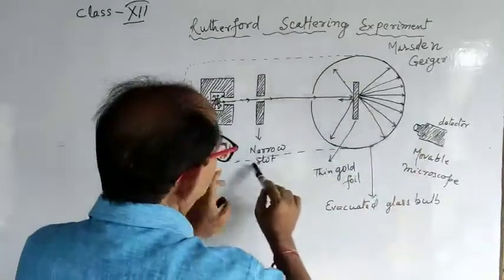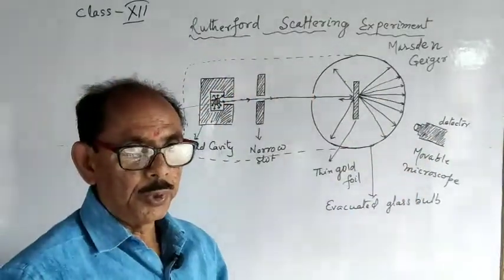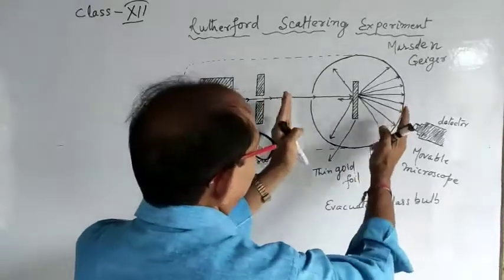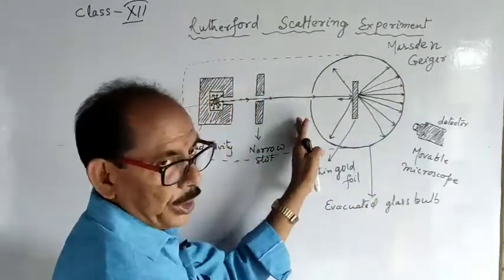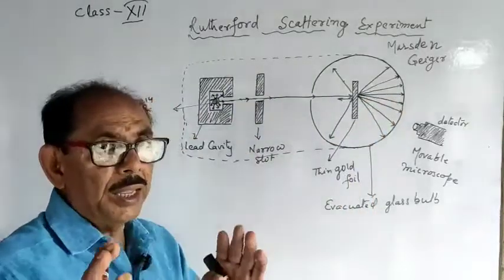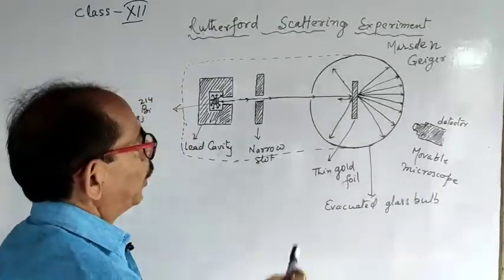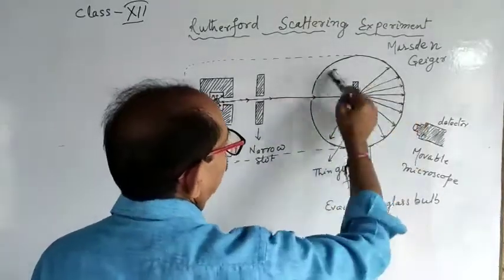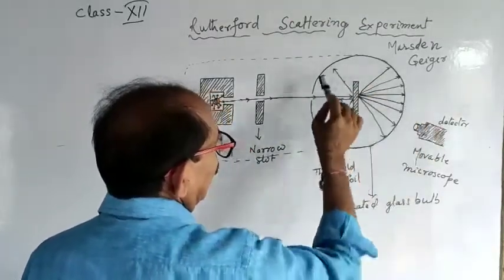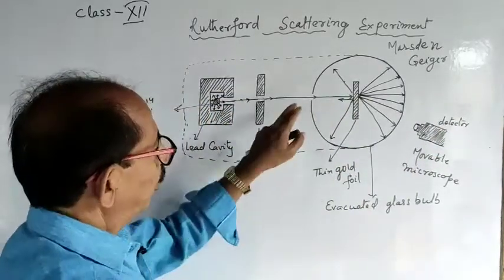The whole setup is in an evacuated glass tube, but only a section is shown here. This is the evacuated glass tube in which narrow holes are made.